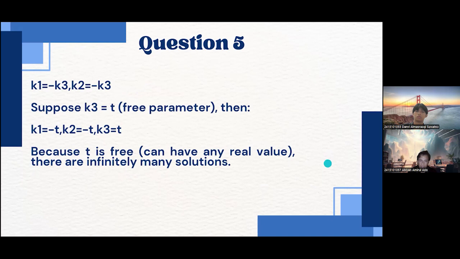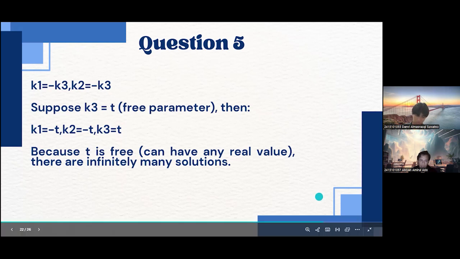We see that the solution is infinite, from the system where k1 equals minus k3 and k2 equals minus k3. Suppose k3 is equal to t as a free parameter, then k1 equals minus t, k2 equals minus t, and k3 equals t.